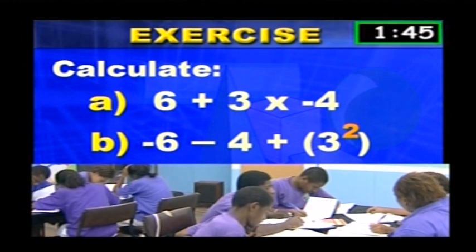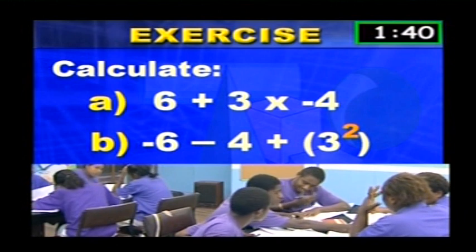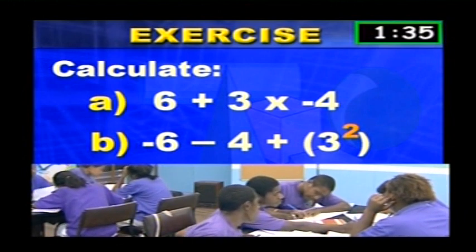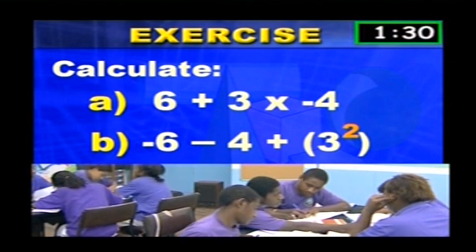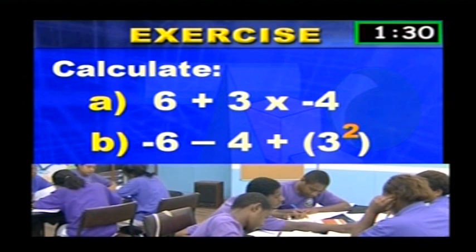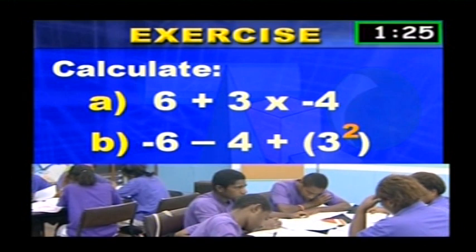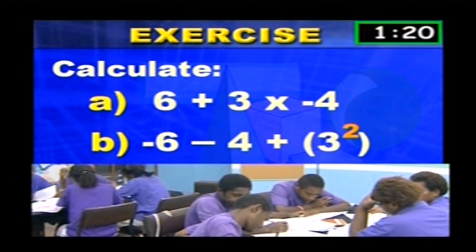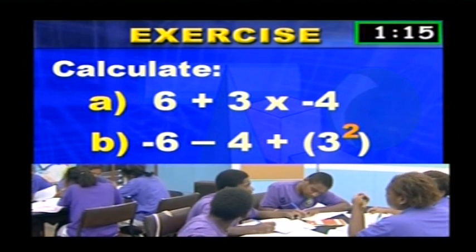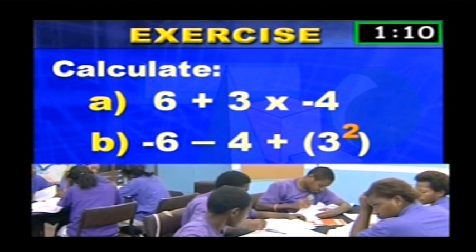You have different signs, so it becomes 6 minus 12. Then you do your normal calculation. Is it going to be positive 6 or negative 6? You add its opposite, subtract, and you get the sign of the bigger number, which is negative 6. That's how you get your answer.